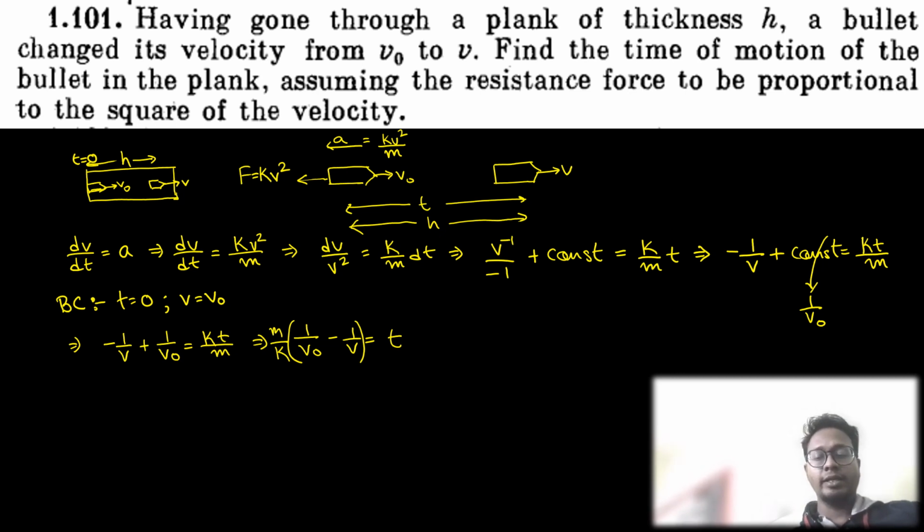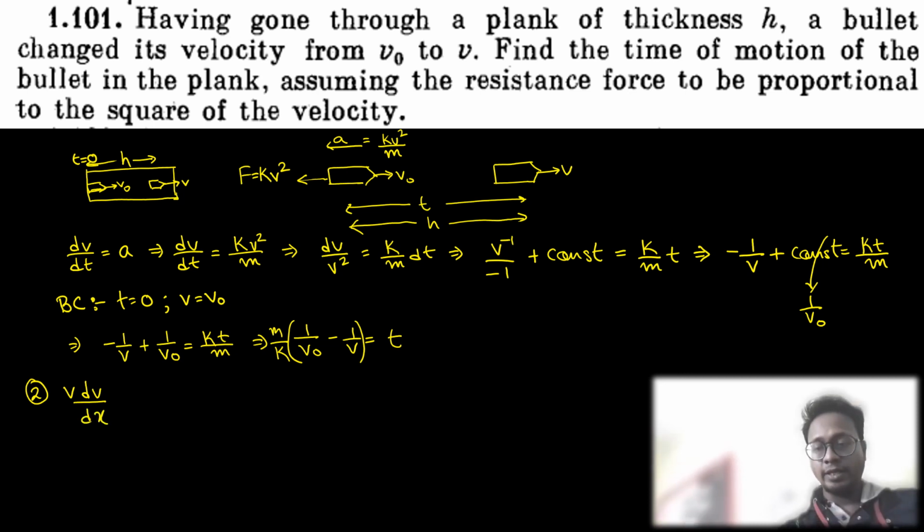So out here, what is the relation between acceleration and displacement? v dv by ds, v dv by dx is equal to how much? v dv by dx is nothing but acceleration, and what is the value of acceleration? Kv square by m.